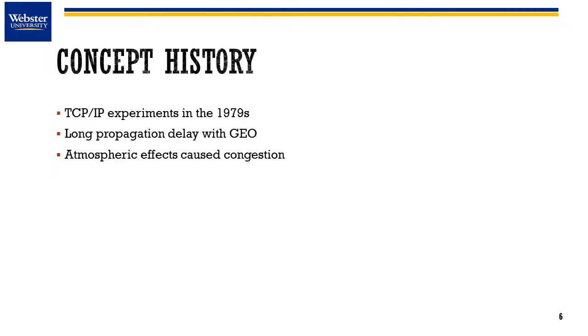Unfortunately, there was a long propagation delay with the satellites in geo orbit, and along with atmospheric effects, it appeared as network congestion and link errors to TCP/IP congestion control algorithms. That reduced the data rate, as the algorithms had to find errors, process them, and return to full transmission at a fairly slow rate.